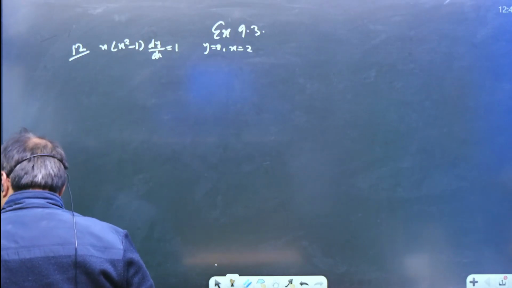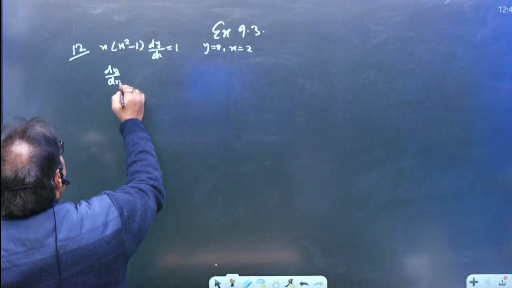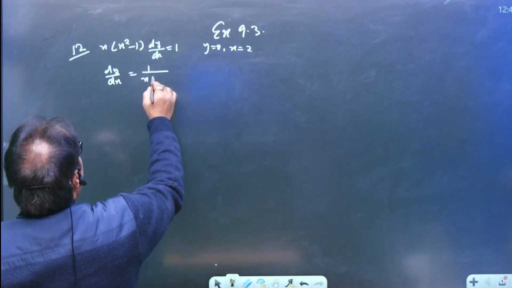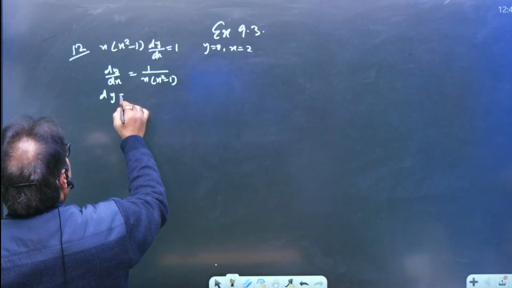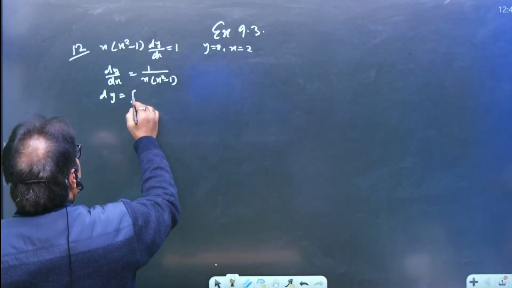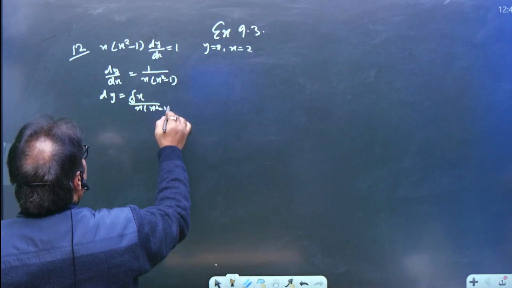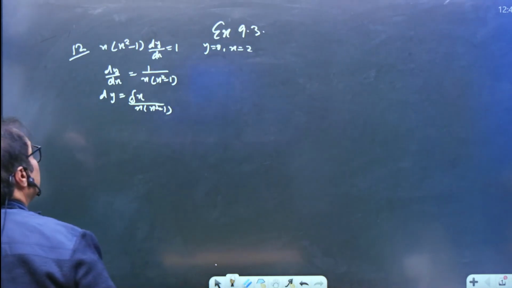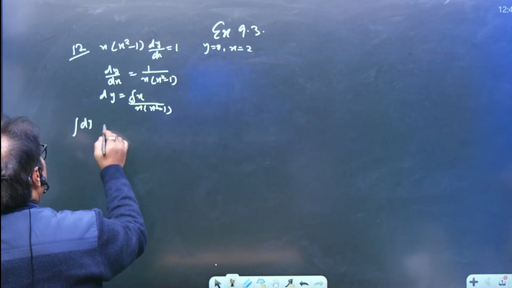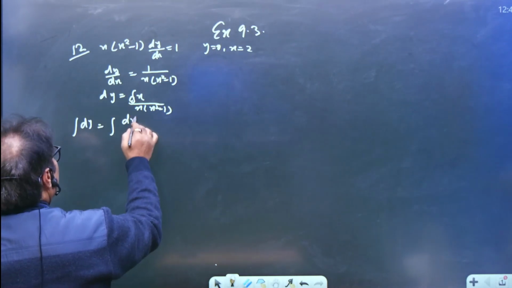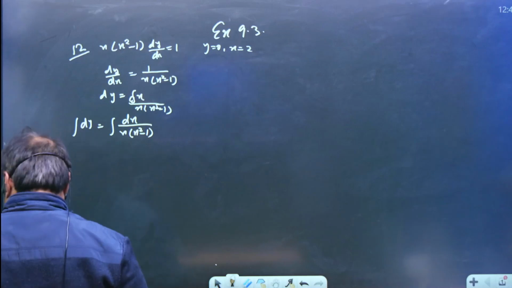So dy upon dx is equal to 1 upon x into x square minus 1. So dy is equal to dx upon x into x square minus 1. So the variables are separated. Now integrating on both sides, integration of dy is equal to integration of dx upon x into x square minus 1.